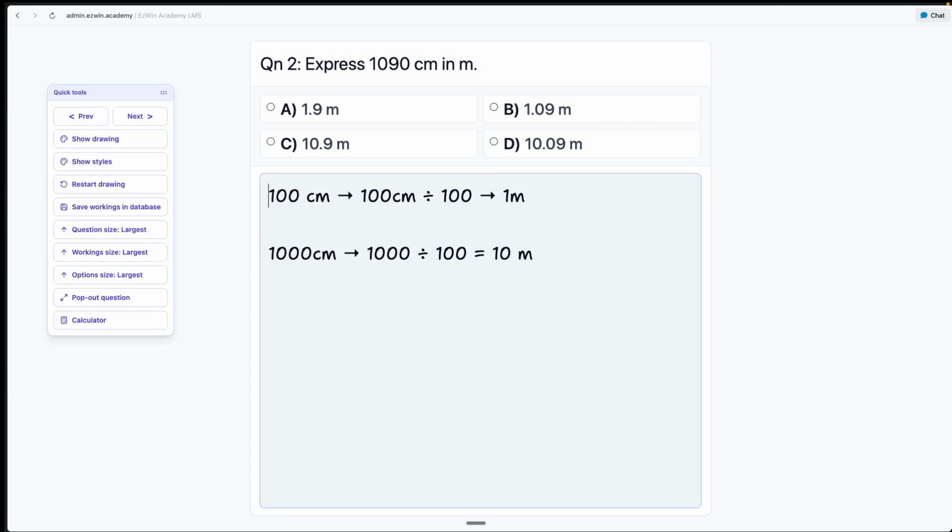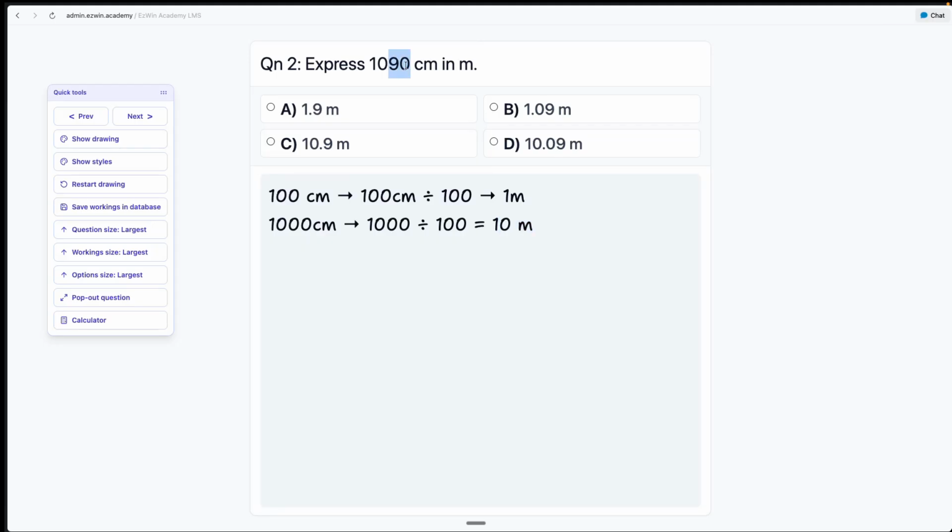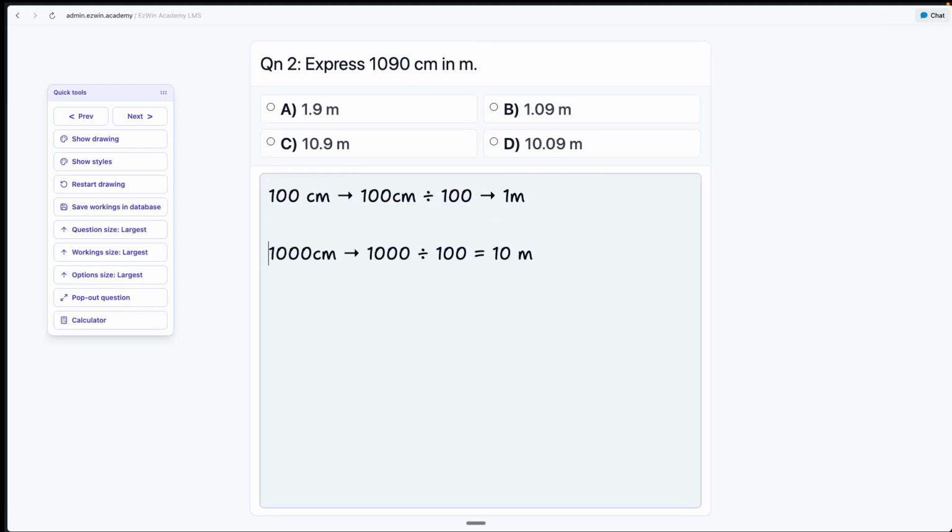So we know that is 10 meters. What about 90? We always want to break down the number. In this case, 1090 is equal to 1000 plus 90 centimeters. So we have 1000, and then let's go to 90 centimeters.